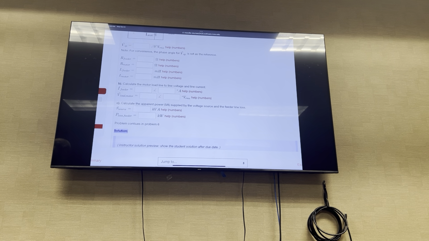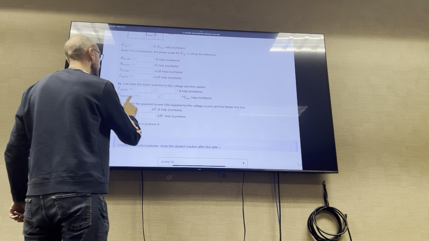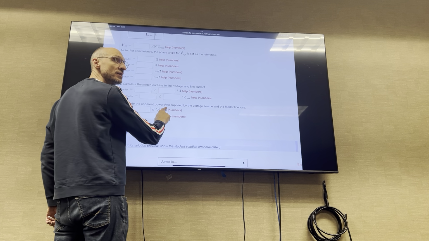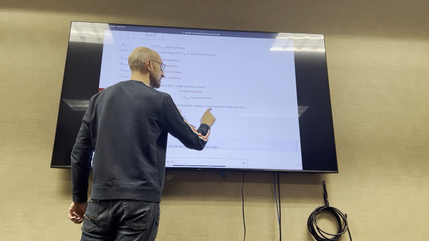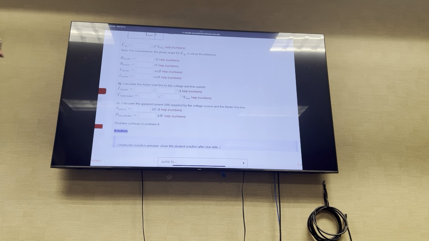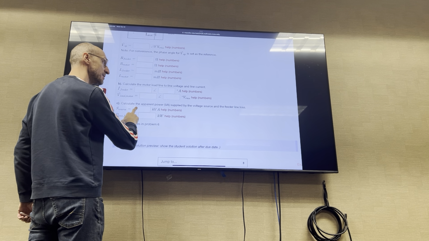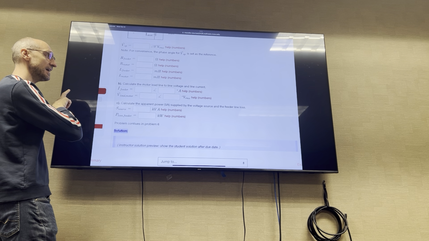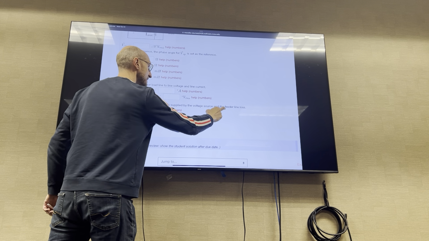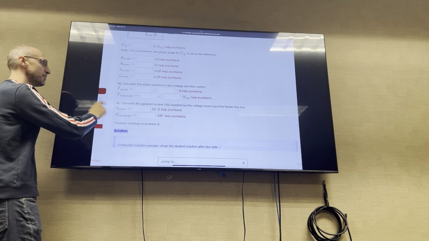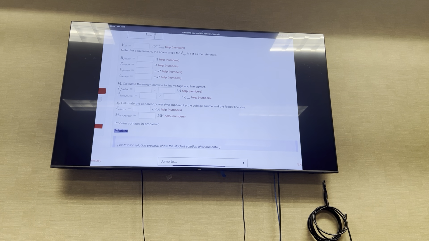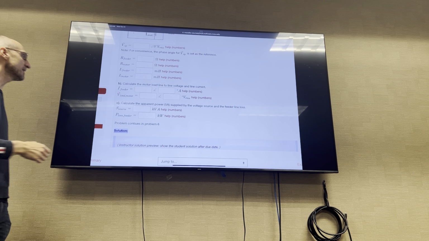Okay, part C, calculate the apparent power supplied by the voltage source and the feeder line loss. Apparent power from the source, we know the voltage, we know the current.